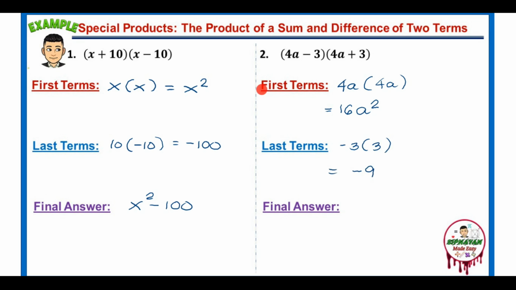To finalize our answer, we're going to combine the product of the first terms, which is 16a squared, and the product of the last terms, which is negative 9. Since 16a squared and negative 9 are unlike terms, we're going to write them as they are. Therefore, the final answer is 16a squared minus 9.